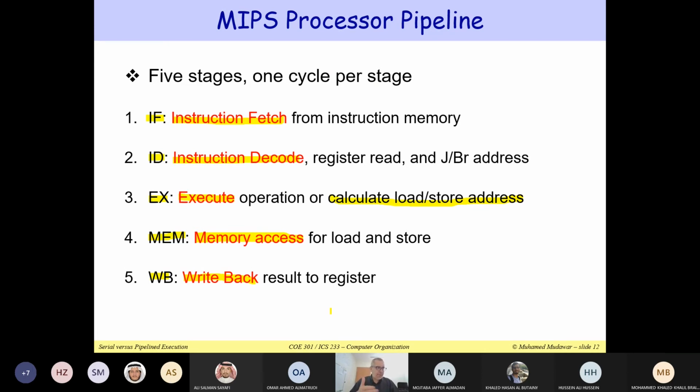So the pipeline is deeper than this in real CPUs produced by different companies, let us say ARM or Intel or AMD. So this is just a very simple 5-stage pipeline.